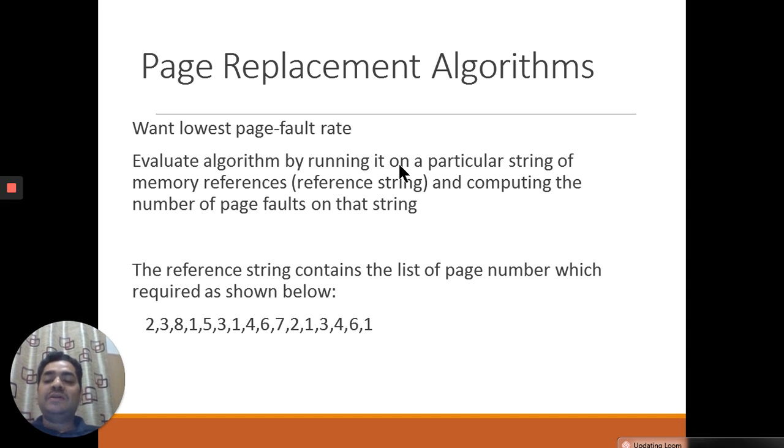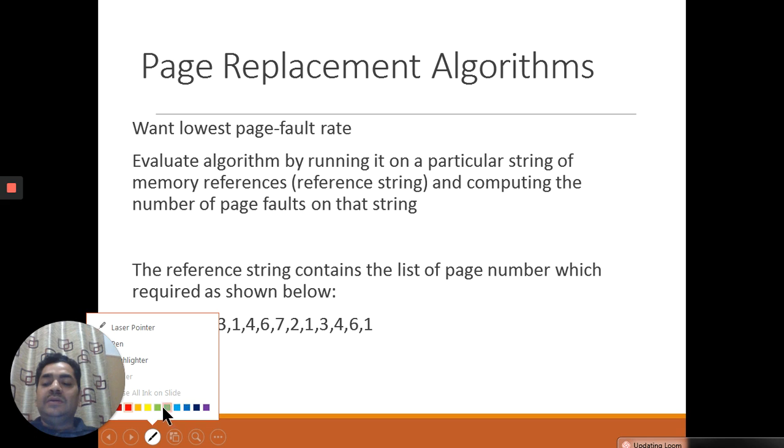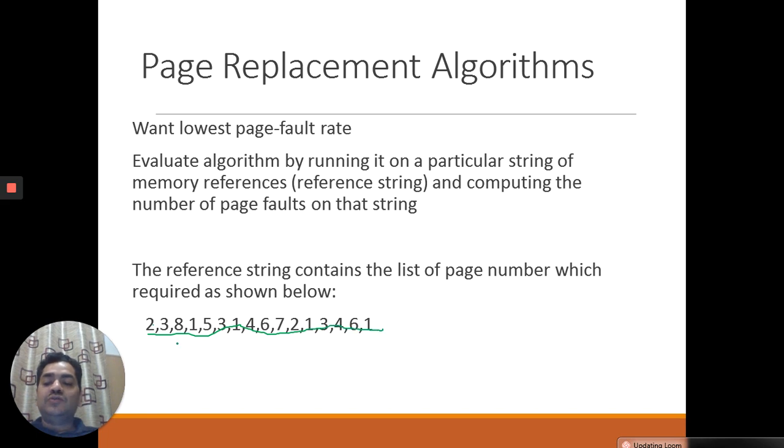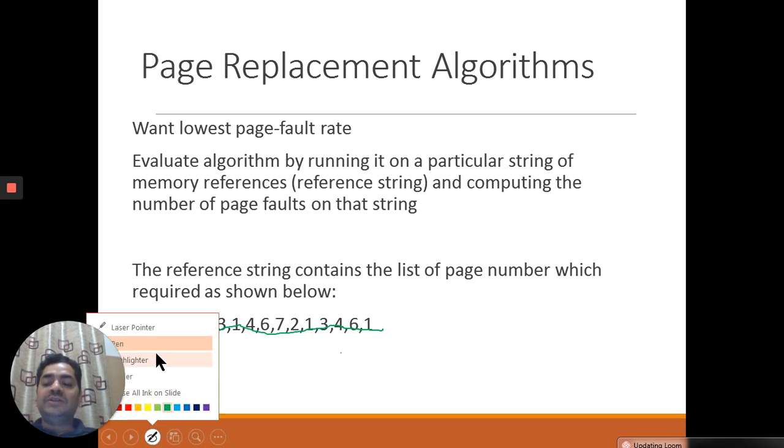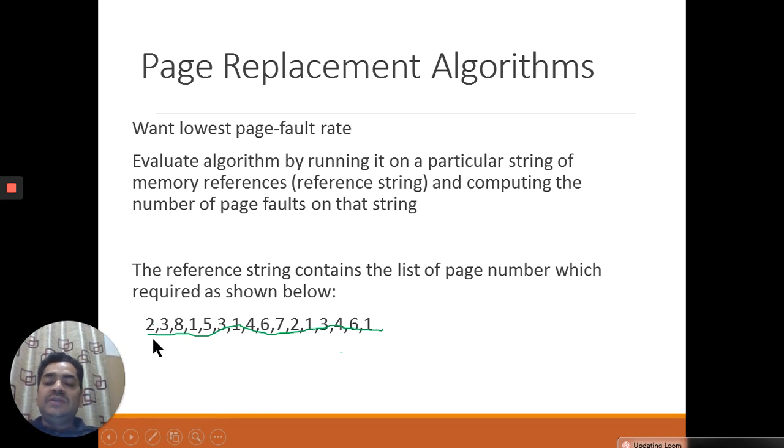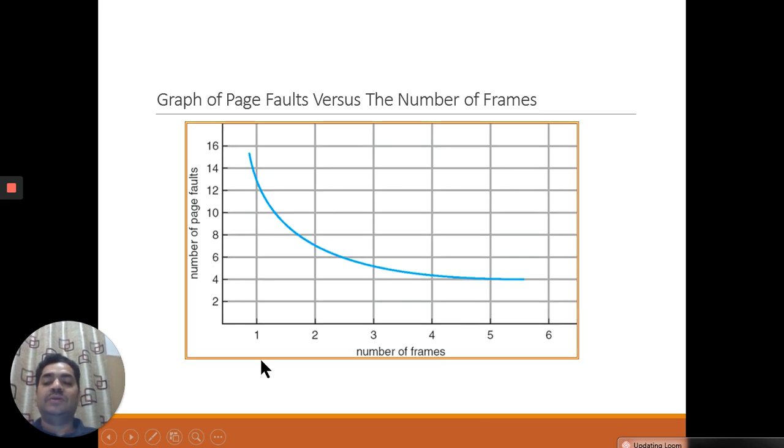The example of the reference string is this one: 2 3 8 1 5 3 1 4 6 7 2 1 3 4 6 6 1. It means these pages are required to execute the process. First is page 2, then 3, 8, 1, 5, 3, and so on.